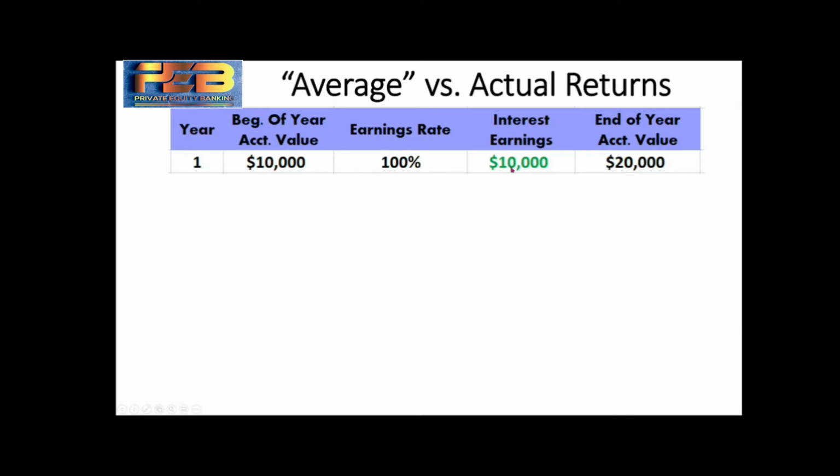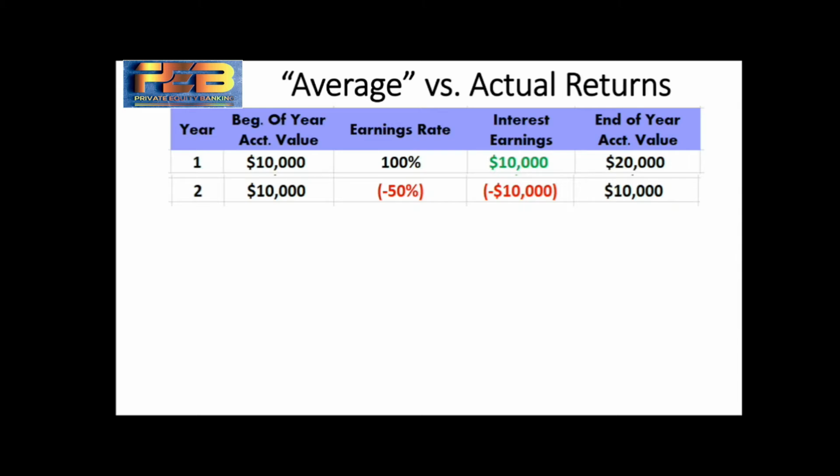So your 10,000 has just grown by 10,000. You now have, at the end of the year, $20,000. But in year two, you lose 50%. So your 20,000 loses 10, and you end up with 10,000. Simple math, right? You're back at 10,000. But what is your financial advisor going to tell you that he just got you for his returns?